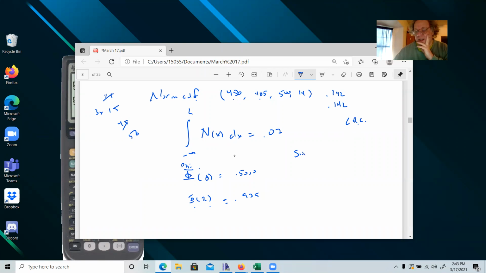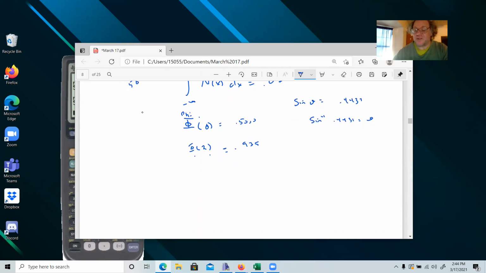Like if I took the sine of an angle and I got a number, 0.4431, how would I get the angle back? We would take the inverse sine, wouldn't we? We sure would. So we would find the inverse sine of 0.4431, and that would tell us what theta was. Guess what we're going to do with this one? We're going to take inverse phi. We're going to do what they call the inverse normal.